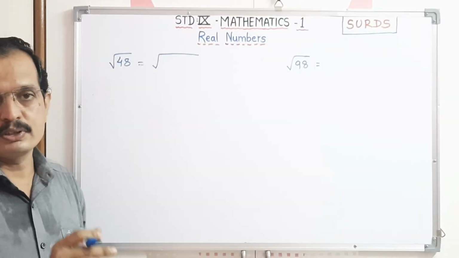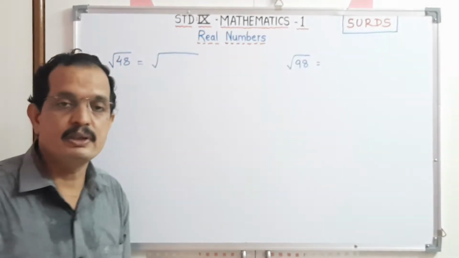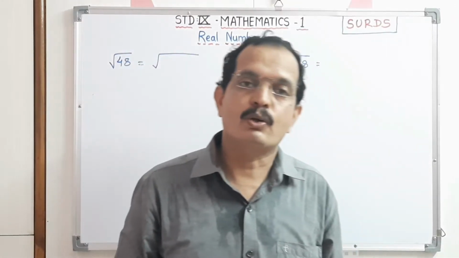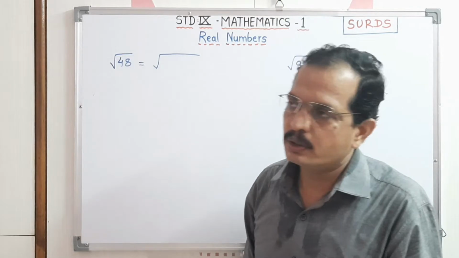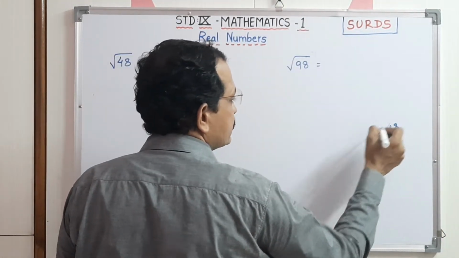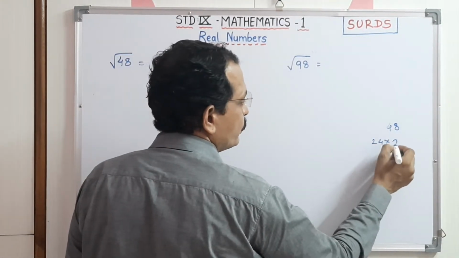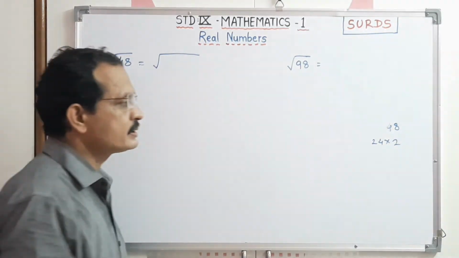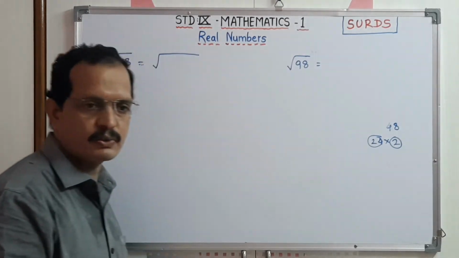And for that purpose, out of those 2 factors, one factor must be a perfect square. Why a perfect square? Because order of the surd is 2. Now dear students, suppose I have to factorize this 48, then it is 24 into 2. Got it? 24 into 2. In this case, 2 is not a perfect square, 24 is also not a perfect square.